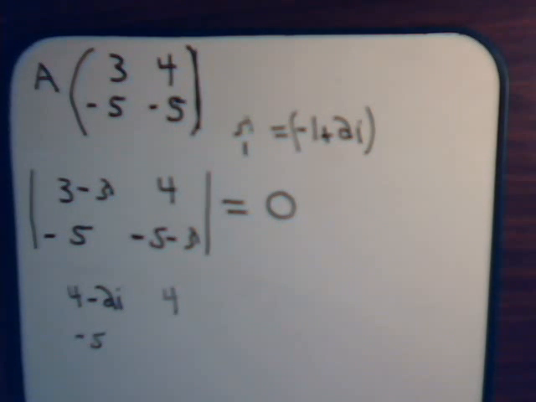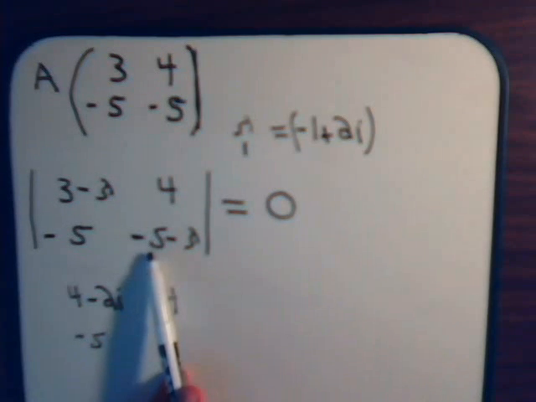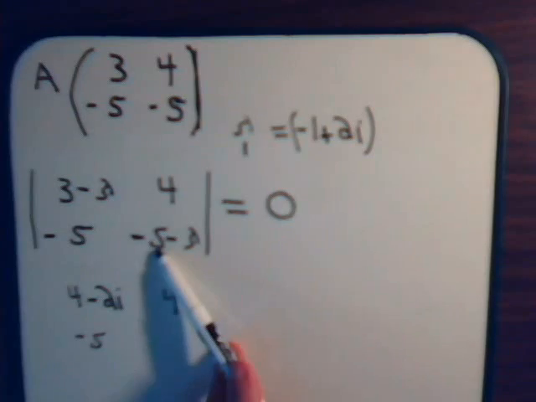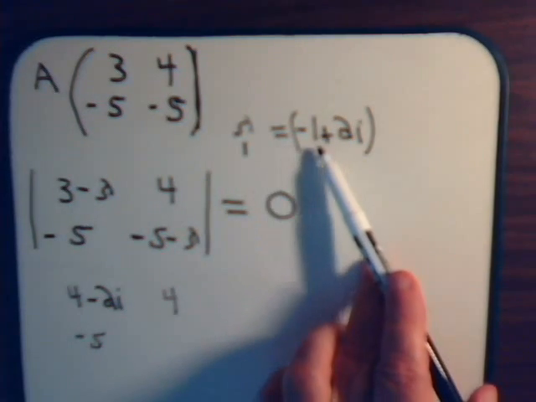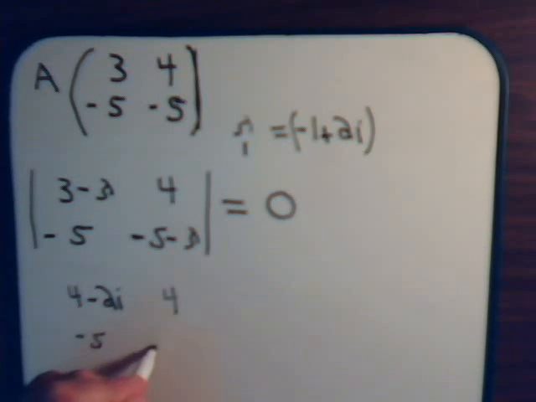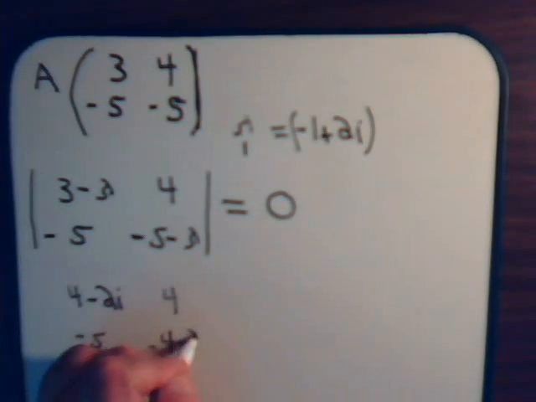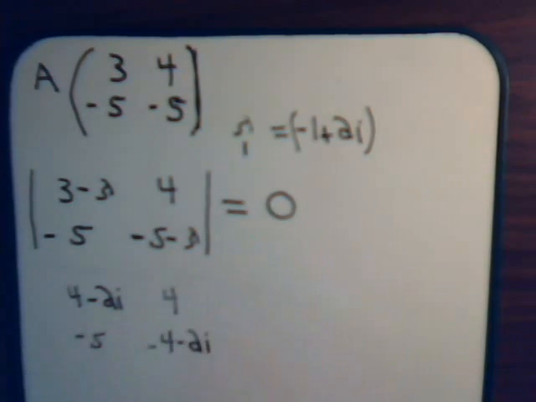And here we have minus 5 minus lambda, minus 5 minus negative 1, that's minus 5 plus positive 1, that's negative 4, and we have minus 2i. So we plug in the specific values for lambda.